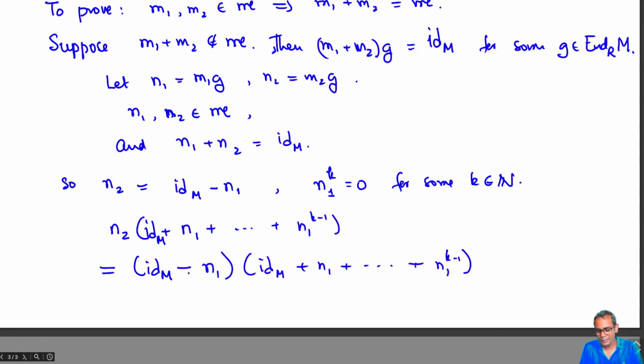Now when you multiply these two out, the sum will telescope and terms will cancel out, and you'll only be left with identity of M minus n1 to the power k, which is 0.